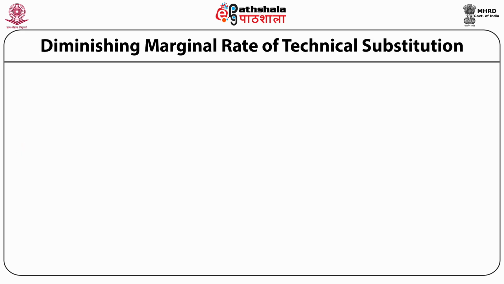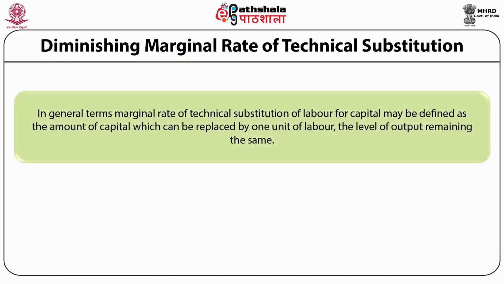Diminishing marginal rate of technical substitution. In general terms, the marginal rate of technical substitution of labor for capital may be defined as the amount of capital which can be replaced by 1 unit of labor, the level of output remaining the same.